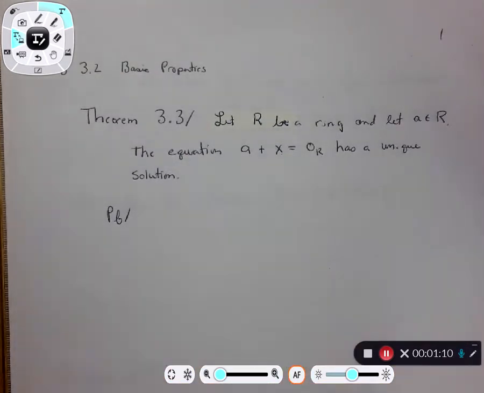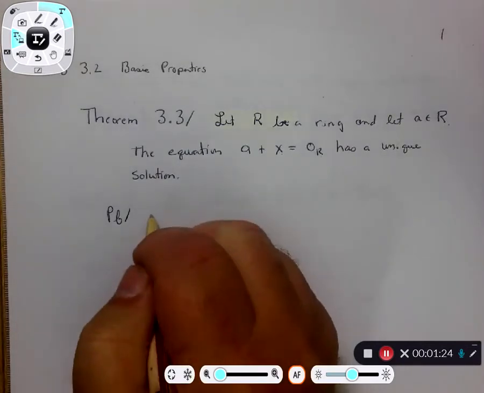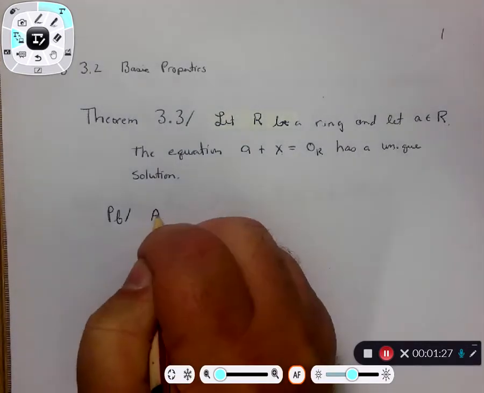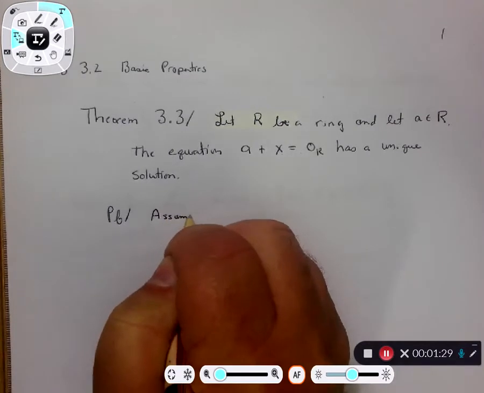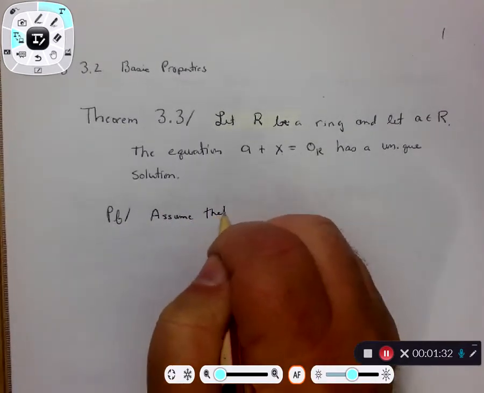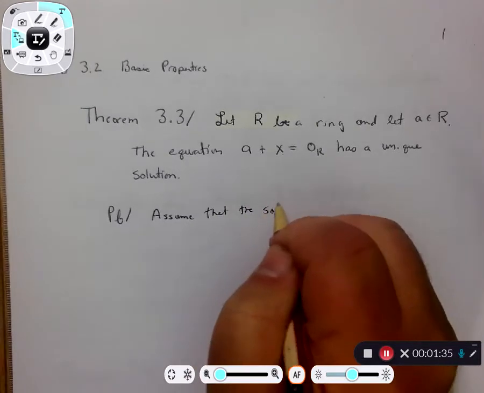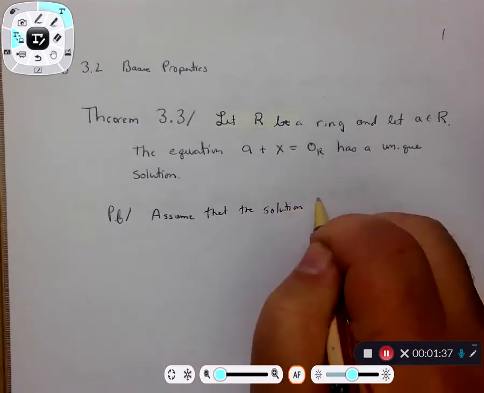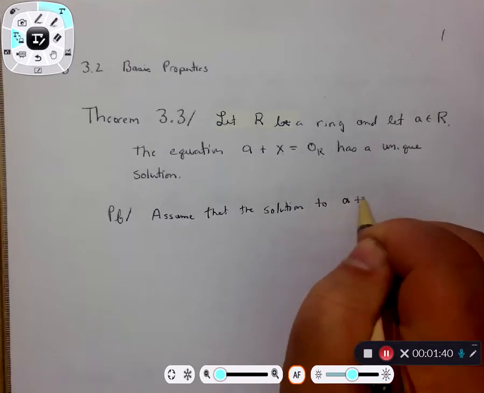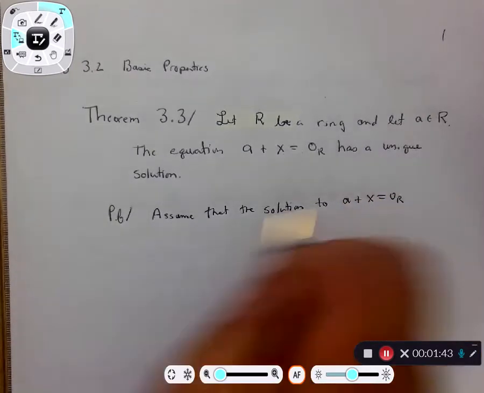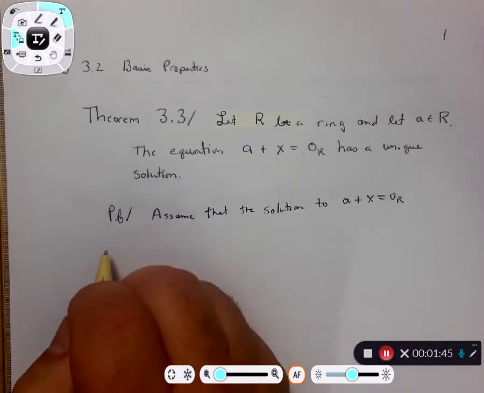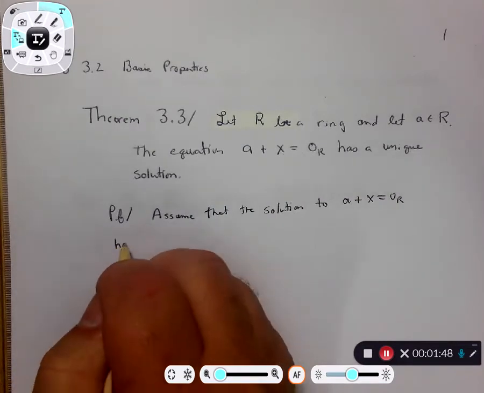That idea of proving uniqueness. Traditionally, how you prove uniqueness is you assume there are two of them, and then you show that they're equal to each other, and then basically you've only got one. So for this one, again, we're going to assume it's not unique. Assume that the solution to the equation A plus X equals 0 in R has two solutions.